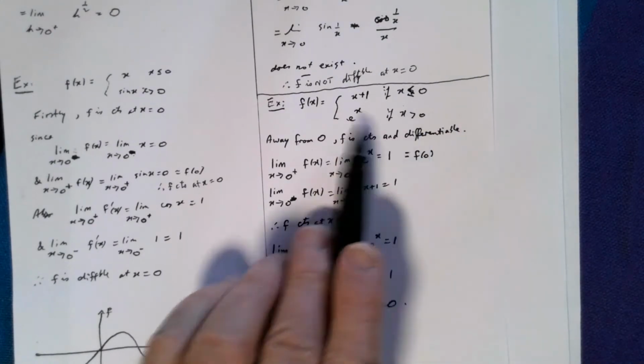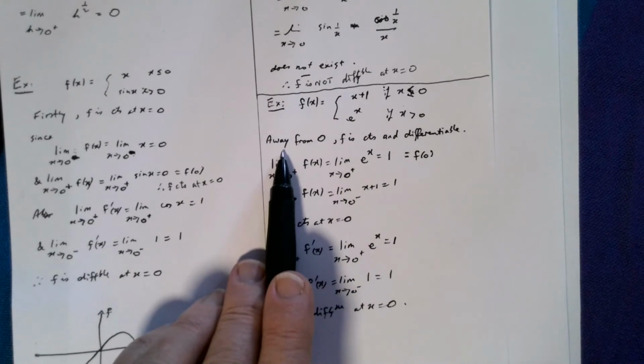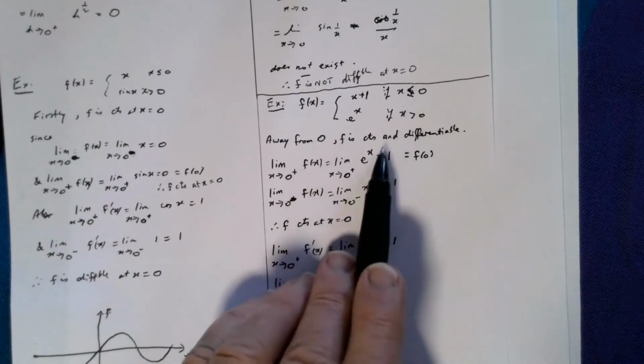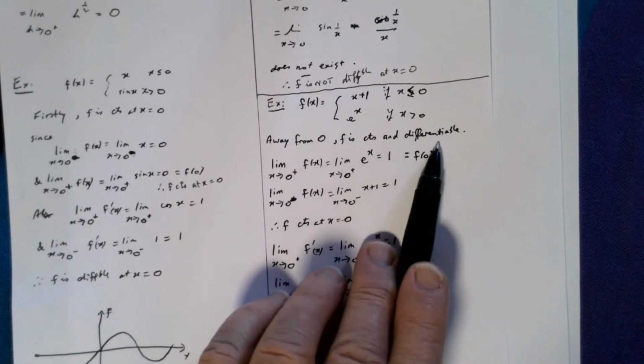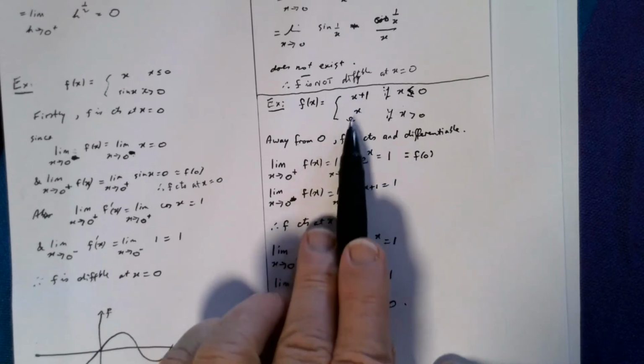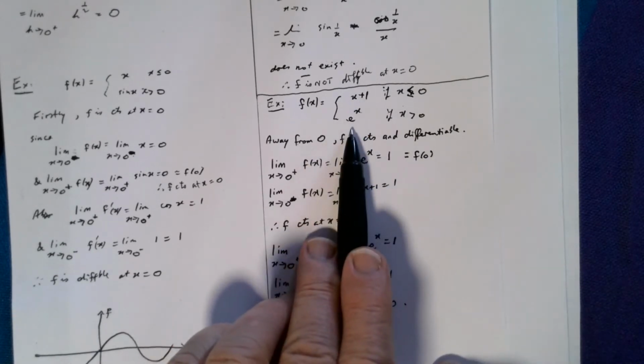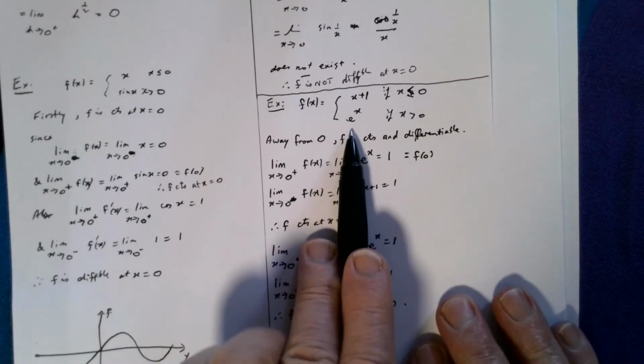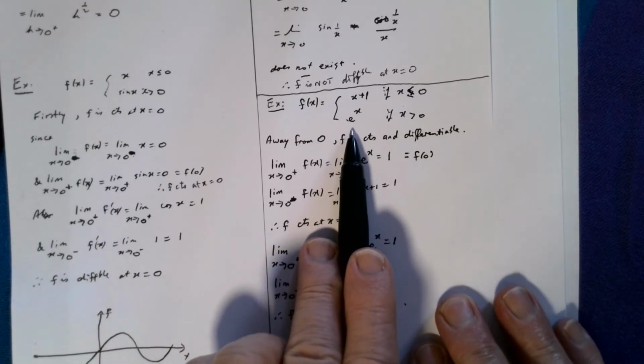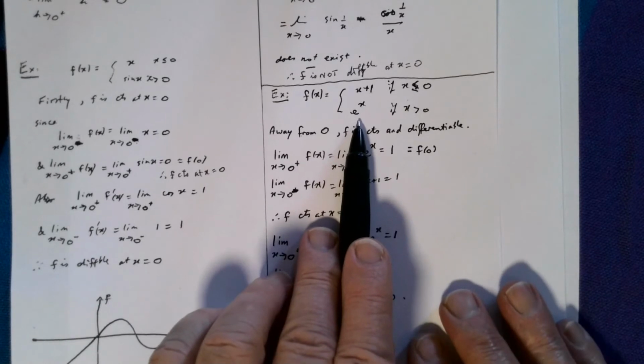So I don't need to write half a page essay here. I'm just going to say away from 0, f is continuous and differentiable. It's only at the point 0, where I'm trying to glue the two bits together, that I have to worry about continuity and differentiability. Away from there, everything works beautifully.